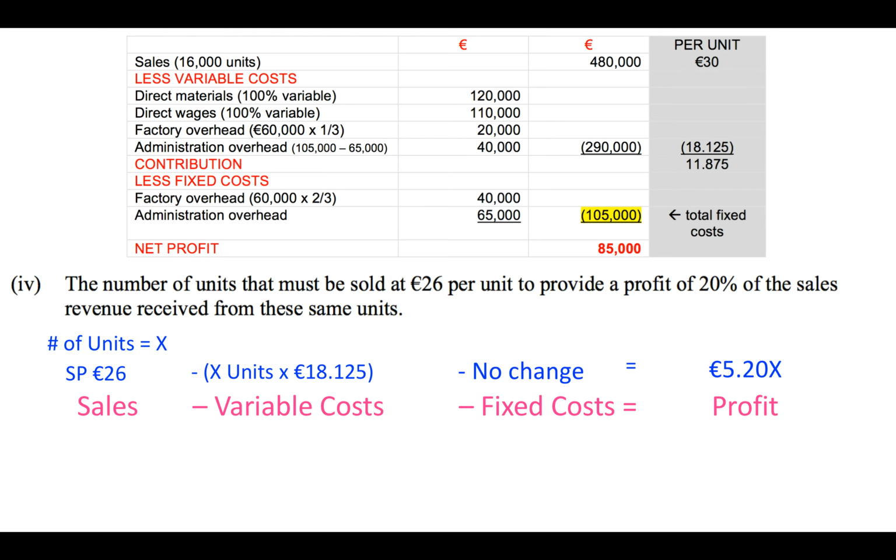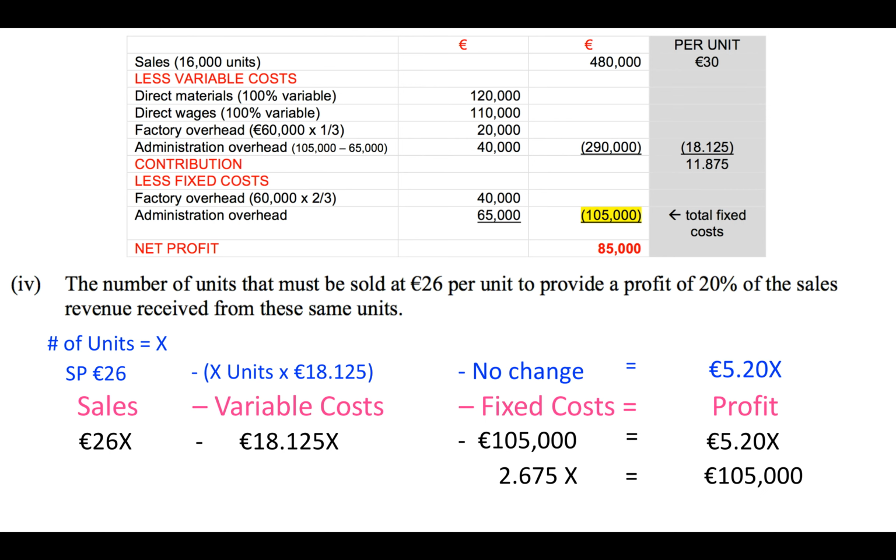So all we do is we finish working that out. So we've got 26x minus 18.125x minus 105,000 euro is equal to 5.20x. So what we're going to do then is we're going to bring this figure with the x across over here, and we'll minus 5.20x, and then we're going to take this minus 105,000 euro, I'm going to bring it across over here, and that will make it positive 105,000 euro.